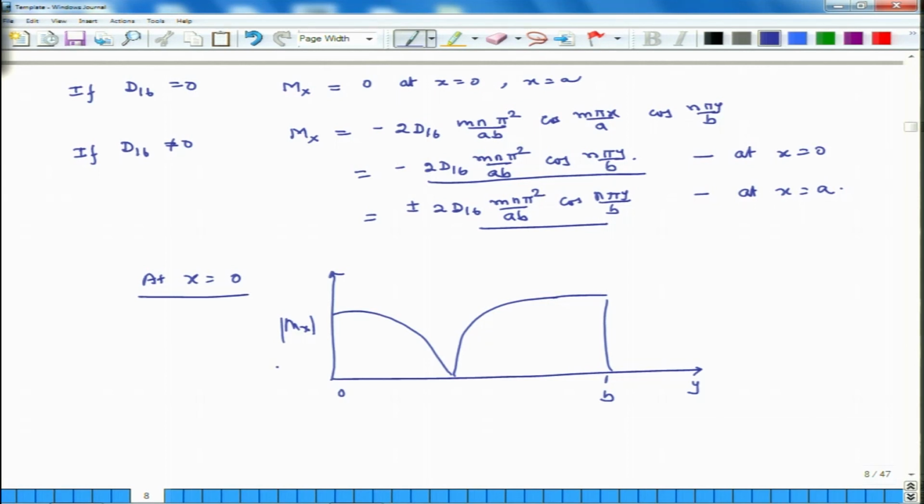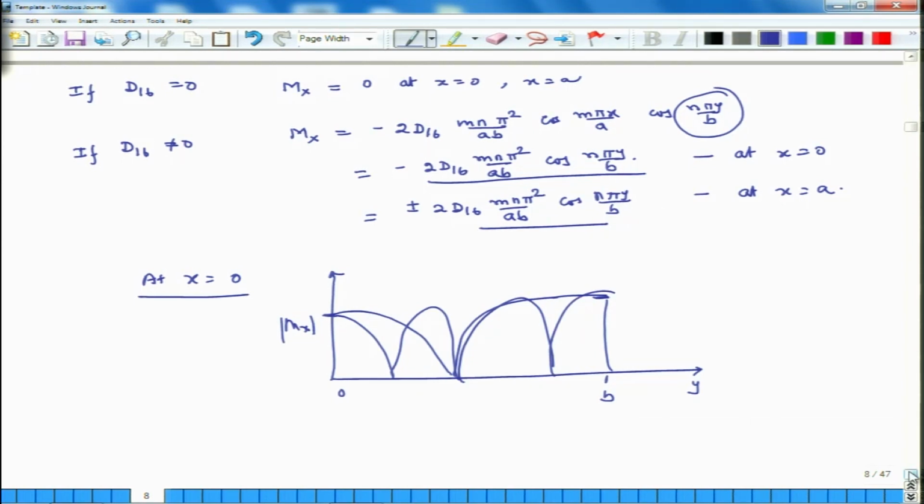I am just plotting the magnitude, okay, and it depends on the value of n. If n is equal to 1, then it will be cosine pi y over b. So it depends. It can do this, but anyway the point is that it will start from some maximum value and end at the same maximum value. It can do this also, and so on and so forth.